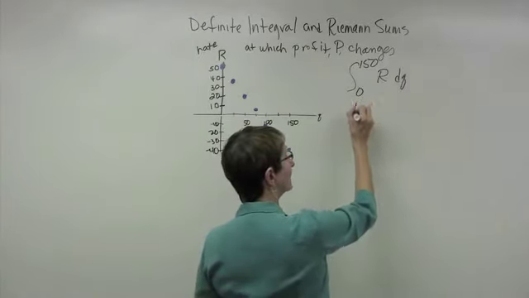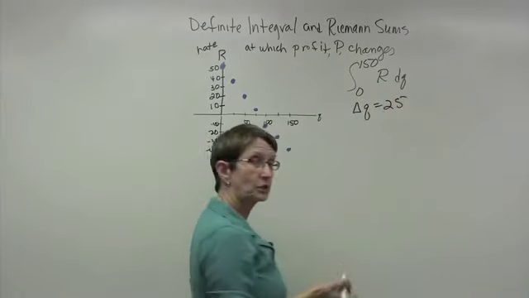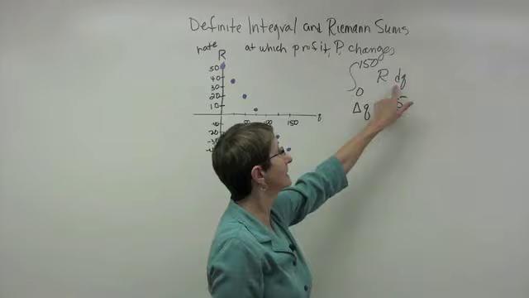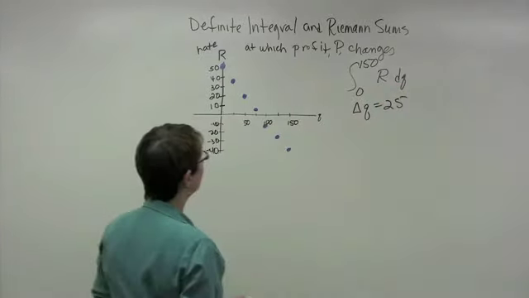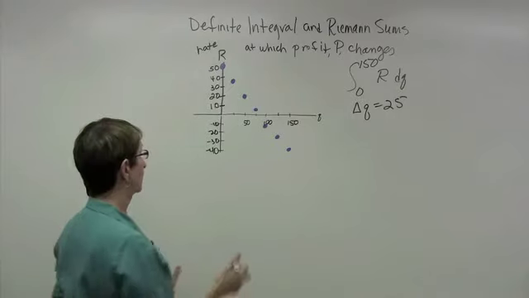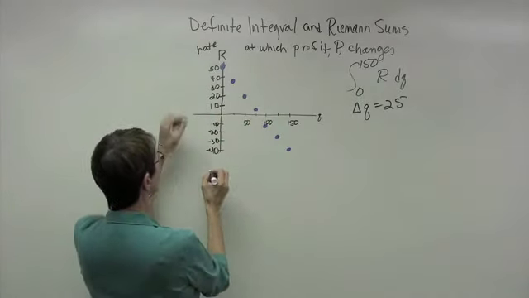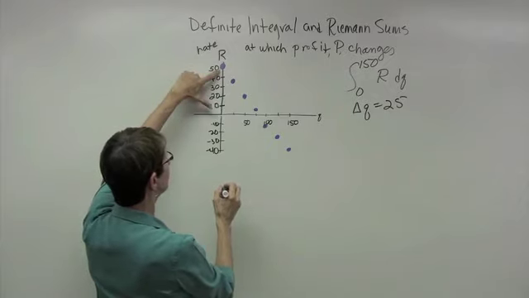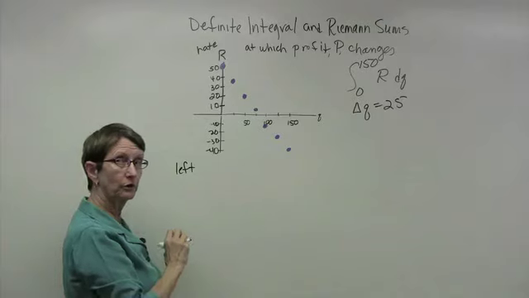So we can say that delta Q is 25. That is the change in Q. And notice the dQ. They go together. So let's set up our sum. My total change in profit is going to be, let's start with the left end of my interval.